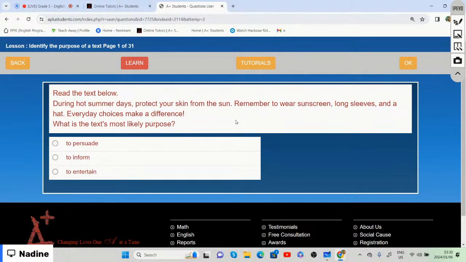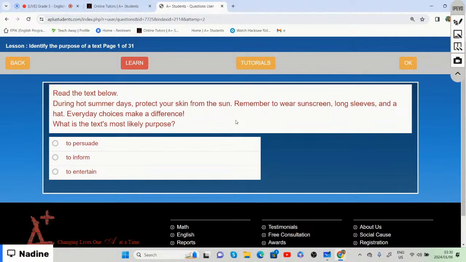Everyday choices make a difference. We need to say what is the text's most likely purpose. Is this to persuade, to inform, or to entertain?